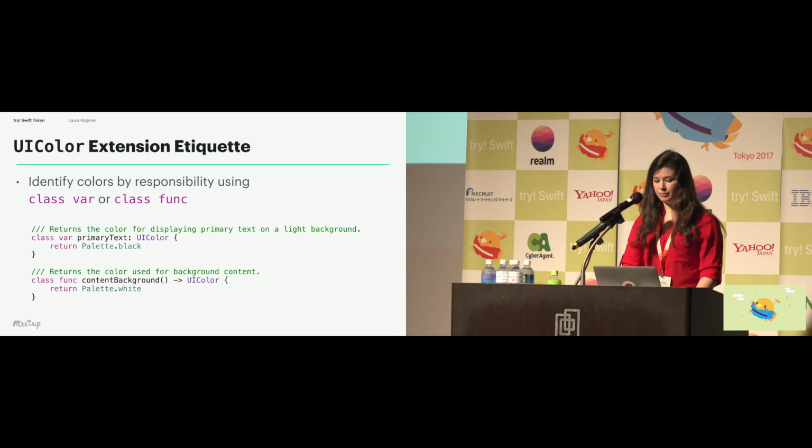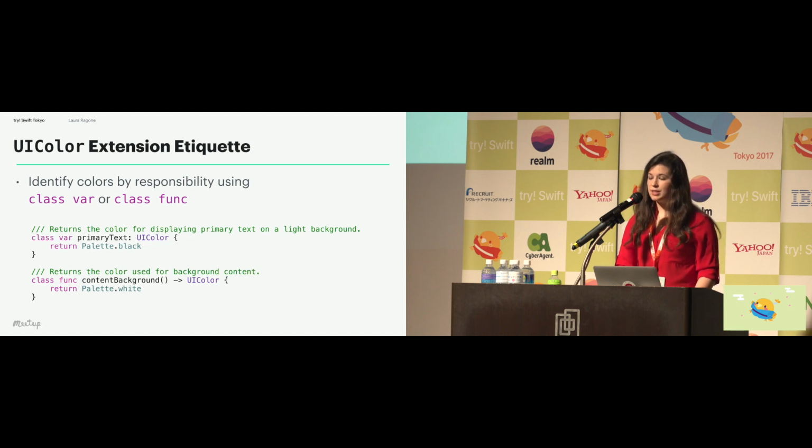Before Swift 3, class functions served this purpose. Should your colors rely on an argument to display appropriately, class functions continue to be a valuable option. We'll revisit this approach when integrating custom themes.